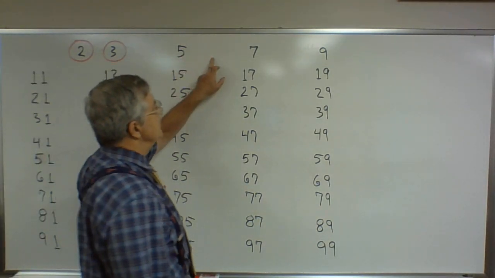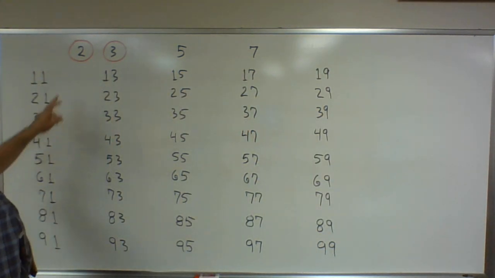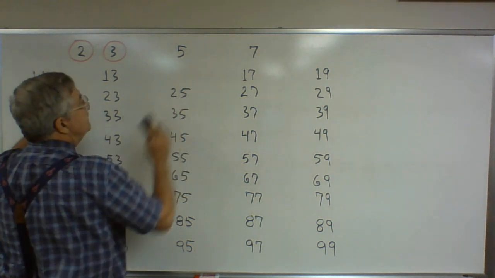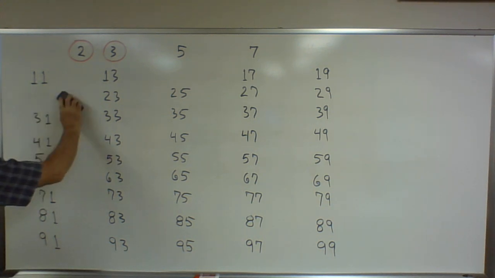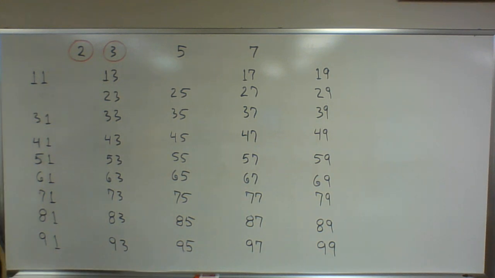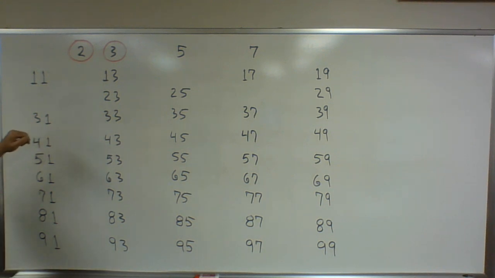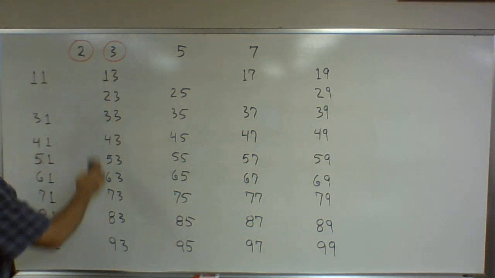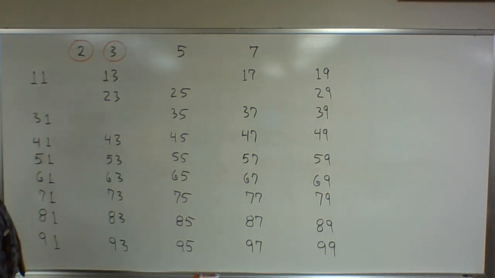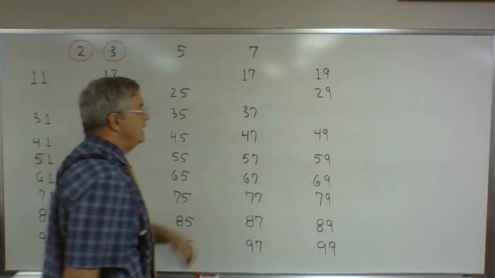So let's see. 3, 6 we already got rid of. 9 is a multiple of 3, get rid of it. 12 we got rid of. 15 is a multiple of 3. 18 is a multiple of 3, we got rid of it. 21 is a multiple of 3. 24, 27, 30, we got rid of it. 33 is a multiple of 3. 36 is a multiple of 3, we got rid of it. 39, we got rid of it.